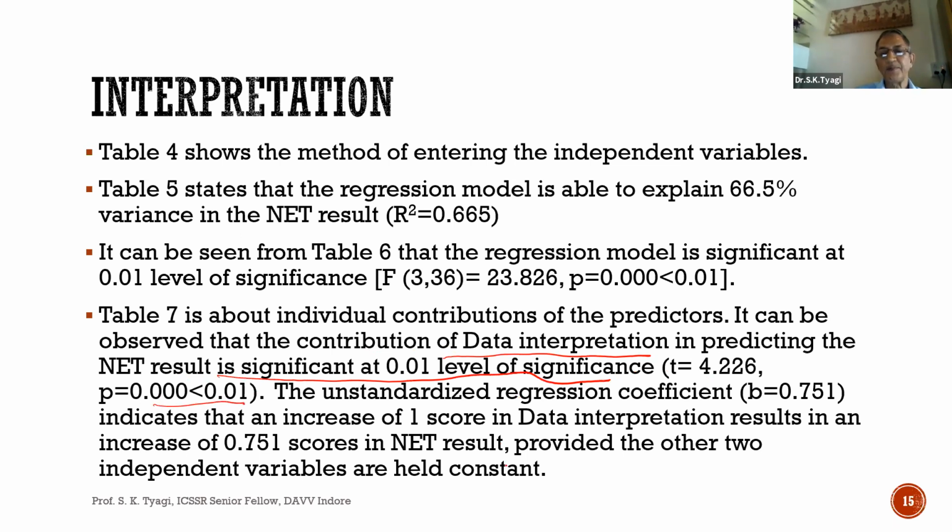Now we interpret the unstandardized regression coefficient B equal to 0.751, which indicates that an increase of one score in data interpretation results in an increase of 0.751 score in net result, provided the two others are kept constant. Now this is a new entry, and because now there are three variables, we are interpreting the effect of the first, but the effect of the remaining two is held constant.